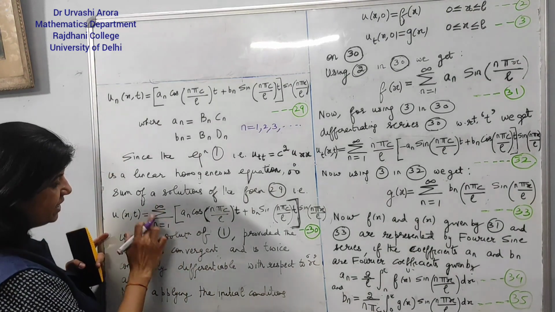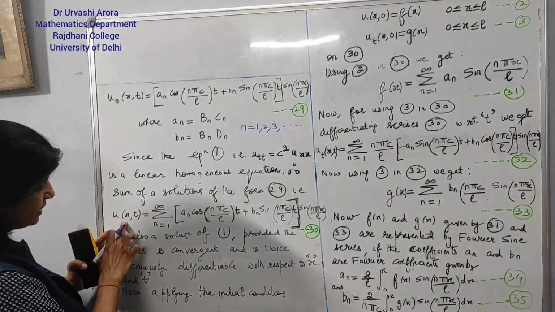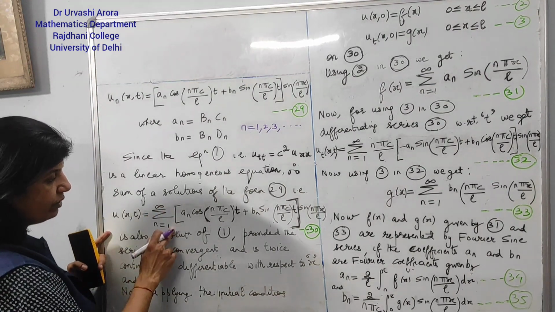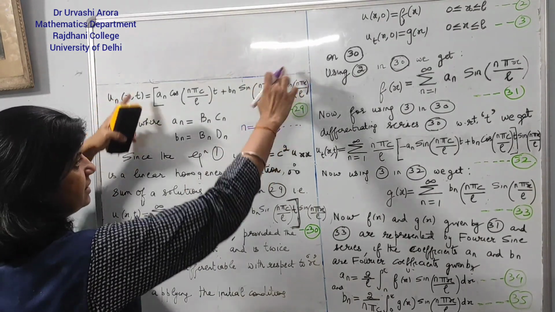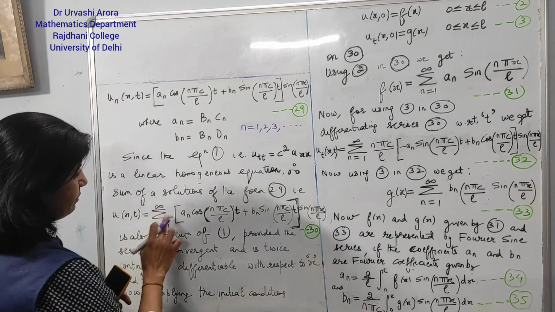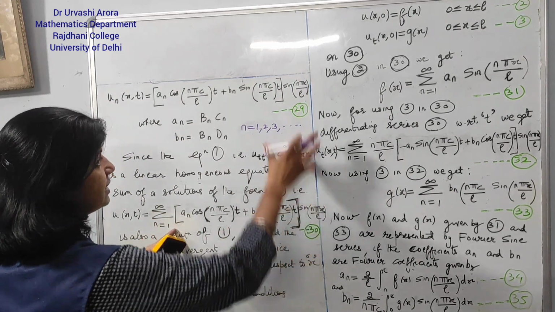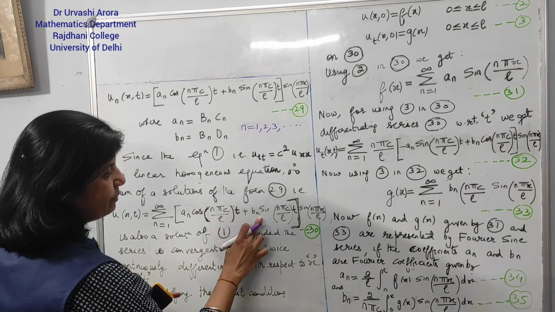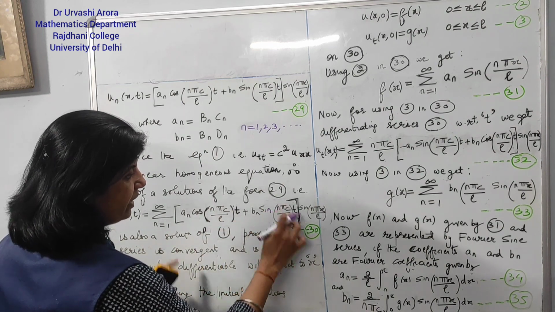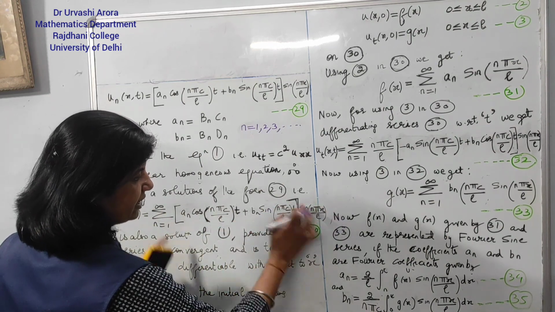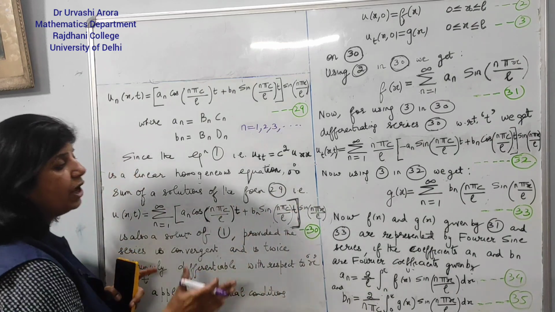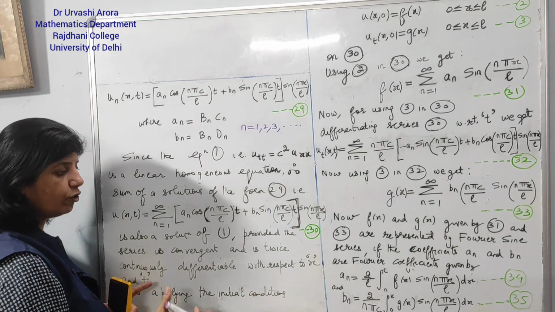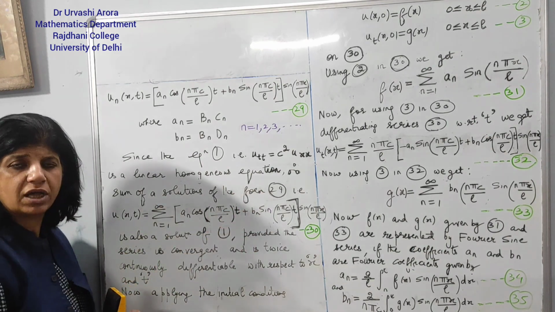This means that this series which we are representing by u(x,t), the sum from n equal to 1 to infinity of an cos(n pi c t / l) plus bn sin(n pi c t / l) multiplied with sin(n pi x / l), will also be a solution of this partial differential equation of second order, provided this series is of course convergent.